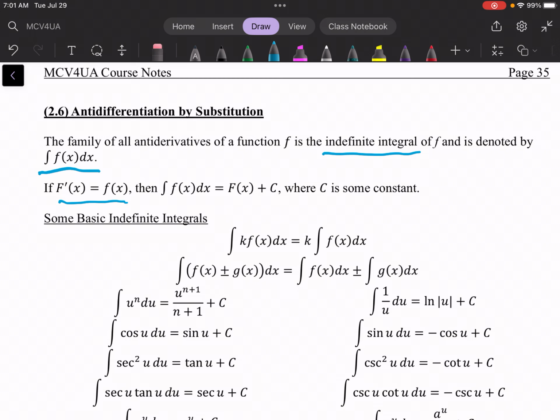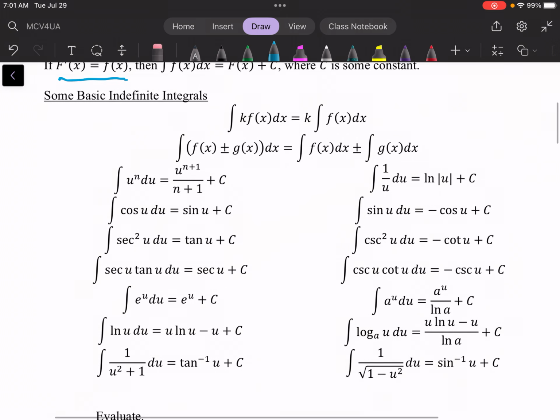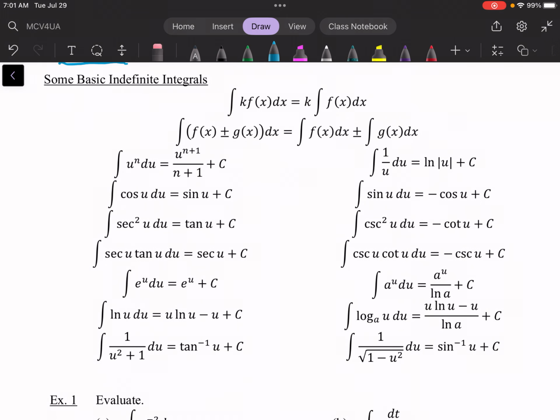As you probably have already started to notice, if you know derivatives very well, you can figure out the antiderivative. So let's look at some basic antiderivatives and indefinite integrals. Again, I think we've seen this before.